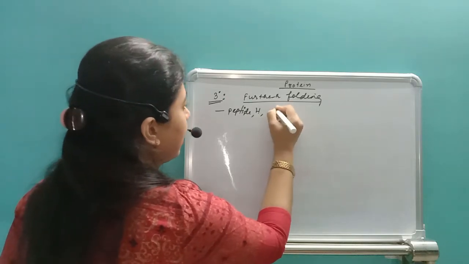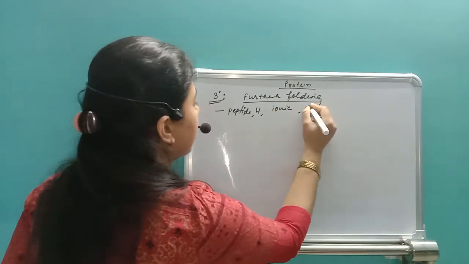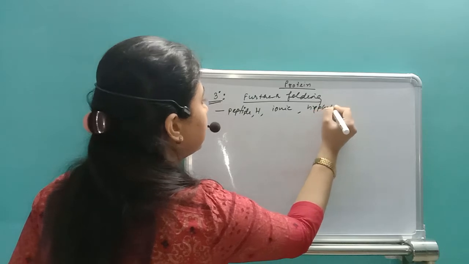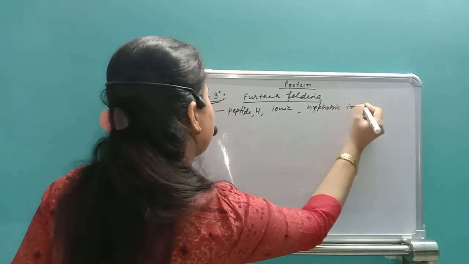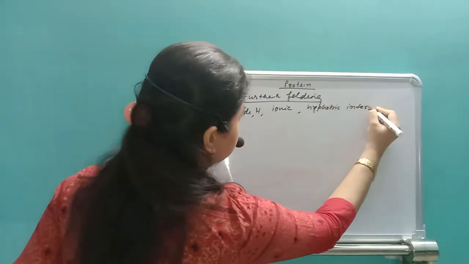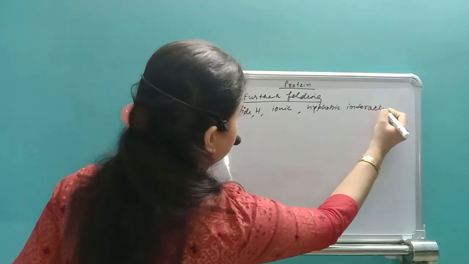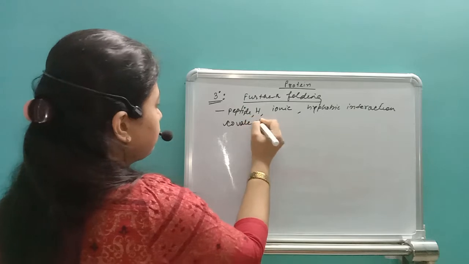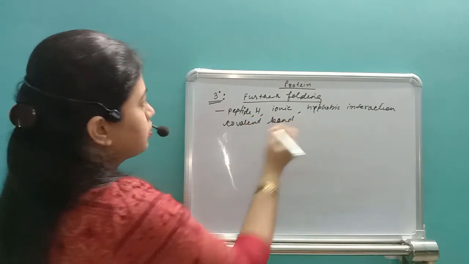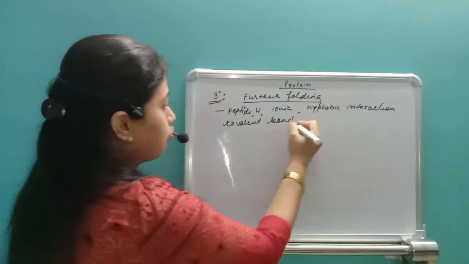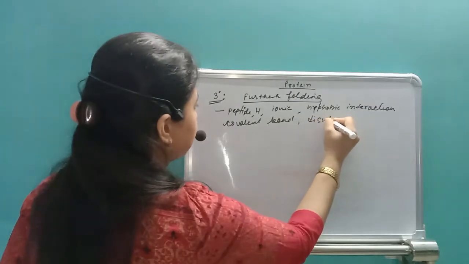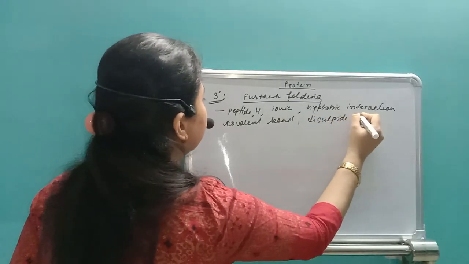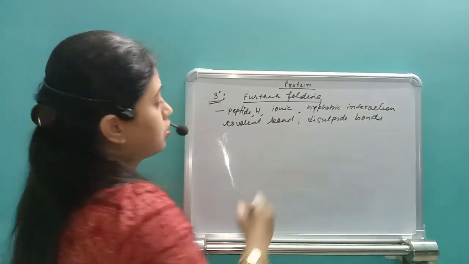We can have the ionic bond, the hydrophobic interaction, then van der Waals interaction, then the covalent bond. Any type of bonds is possible in tertiary structure, and most important, yes, disulfide bond.